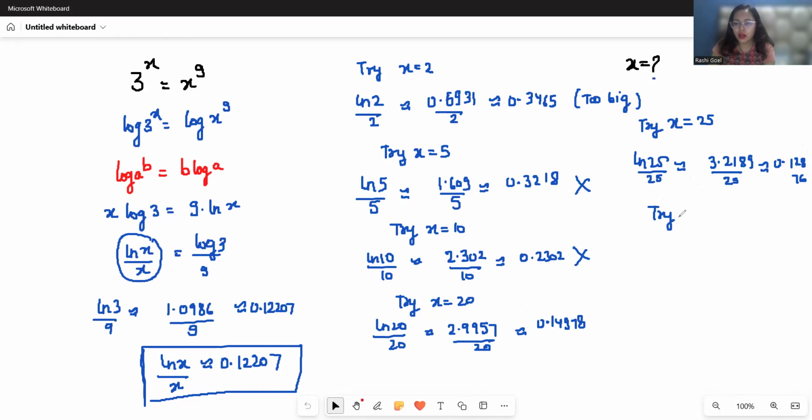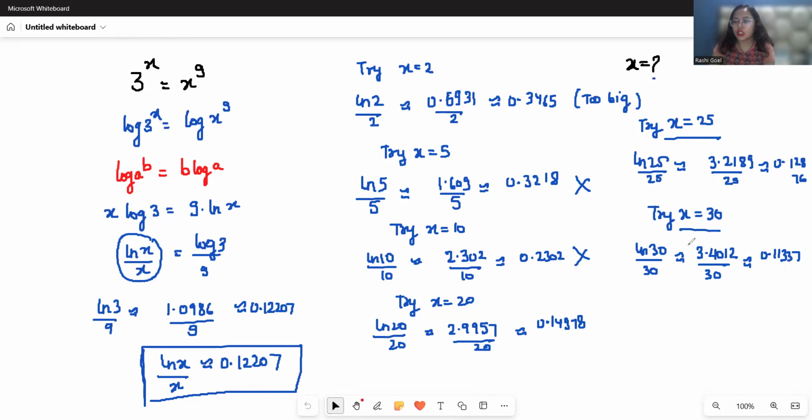Now let's take another number. X is equals to 30. So log 30 by 30, we'll try to find the exact value. It is approximately 3.4012 by 30, which is approximately 0.11337. It's too small.